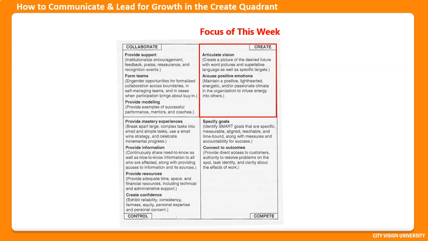You maintain a positive, lighthearted, energetic, and passionate climate in the organization to infuse energy into others. If you're going to have a bunch of people who are creative, then you're going to have essentially a creative culture. A lot of the creative organizations whose facilities I've visited kind of look crazy, almost like playgrounds, because they want to keep that creative culture in what they're doing.